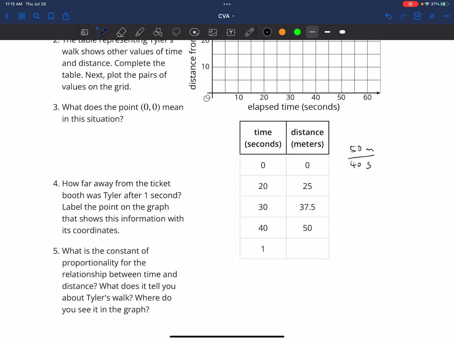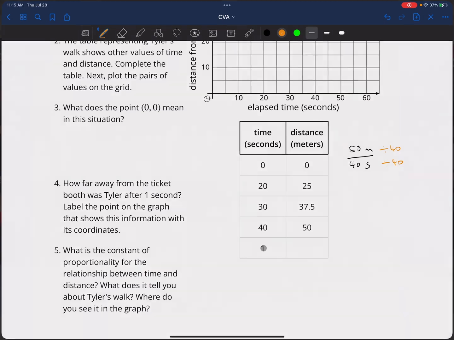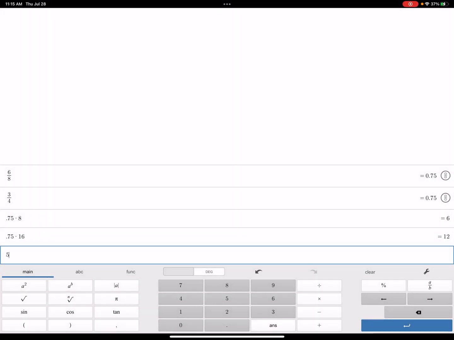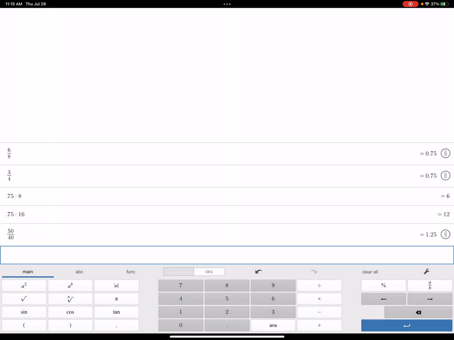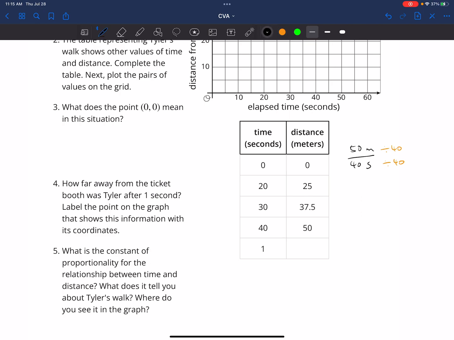And so I'm going to divide by 40 to get 1 second, because I want to work with 1 second. So 50 divided by 40 is 1.25. So that's going to equal 1.25 meters over 1 second.